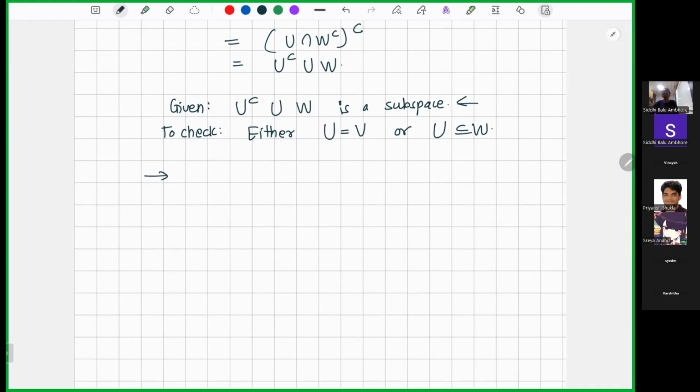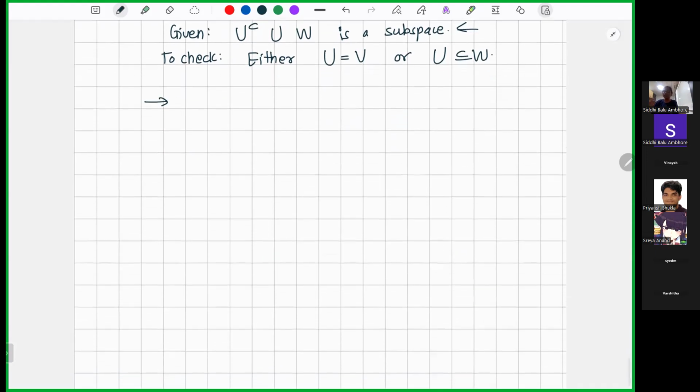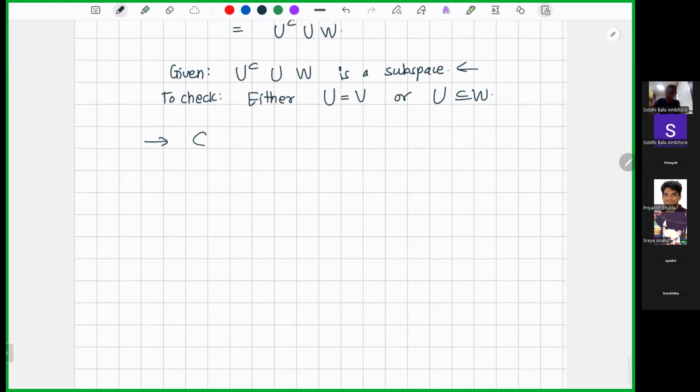So this we will try to prove by contradiction. Suppose none of these happens. Suppose U is not equal to V and U is not contained in W. So what does this imply? U is not equal to V. So V is my superset and U is not equal to the entire set V. So this is this kind of situation.